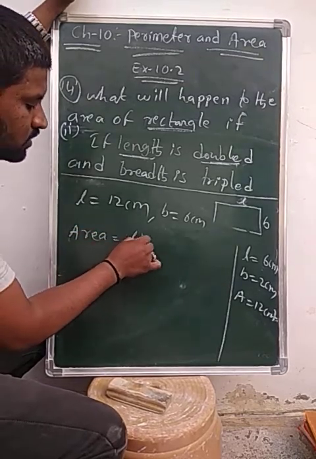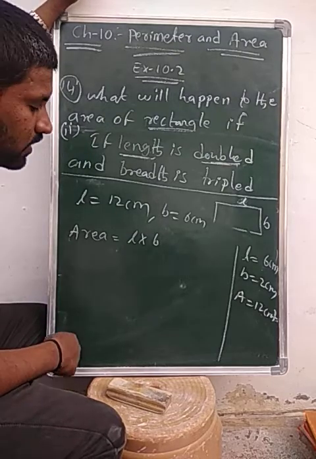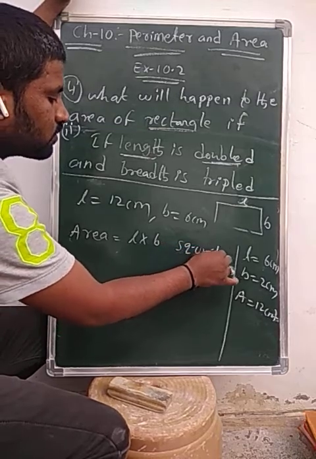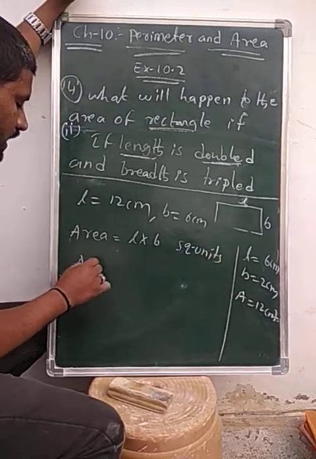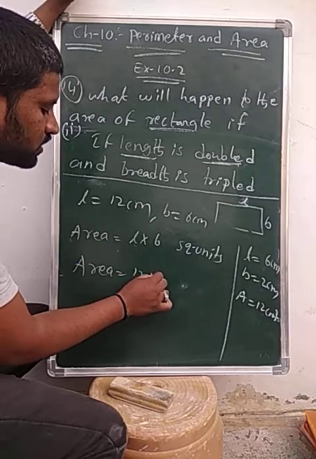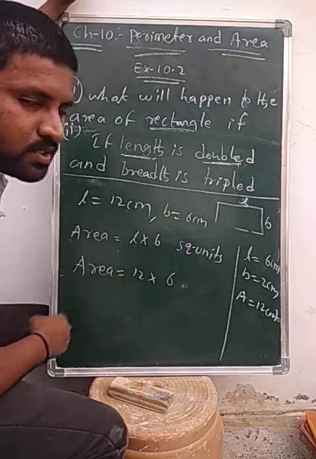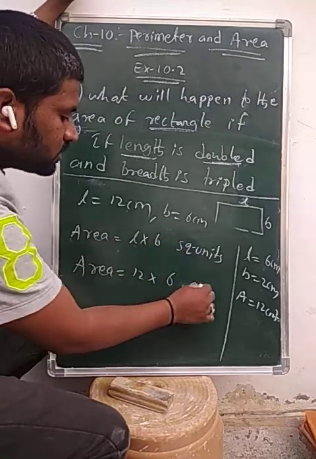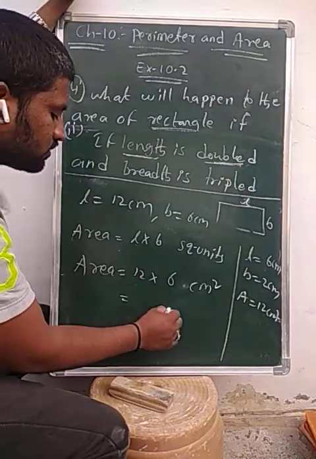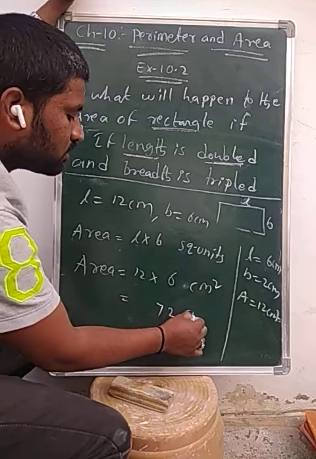Now what is the area of the rectangle? Area is equal to length into breadth. Length is 12 centimeter and breadth is 6 centimeter. Area is always in square units. 12 6s are 72.